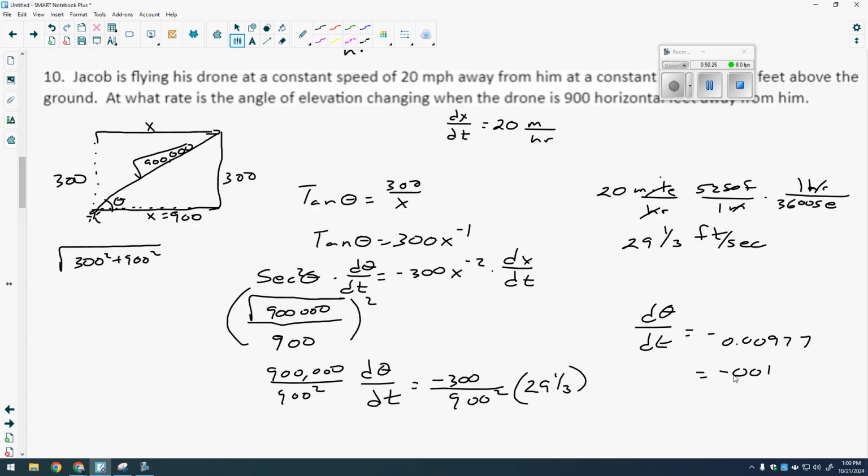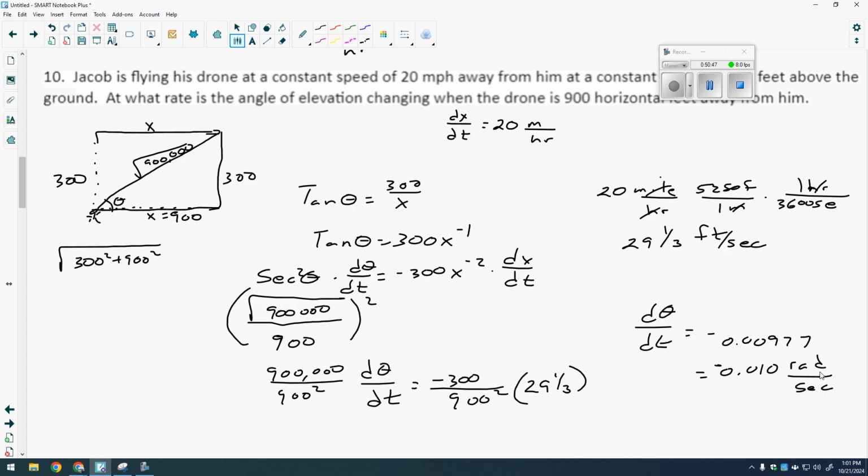Rounding to the nearest hundredth makes that go to a 10, which makes it 0.010 negative radians per second.